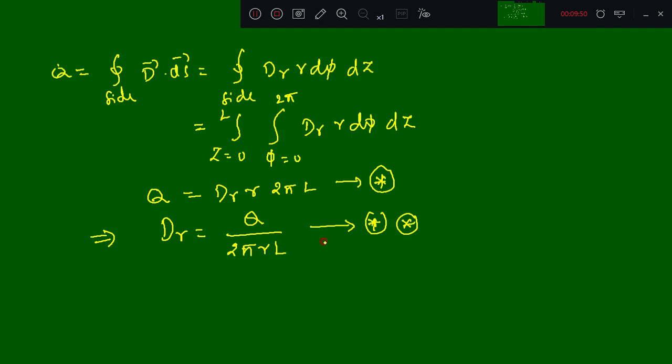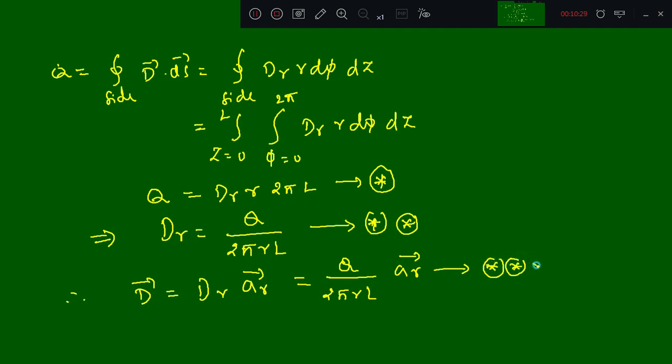Then this equation we can use to calculate D. So D is equal to Dr into aR, which is Q divided by 2 pi r L into aR. This I will take as equation triple star.